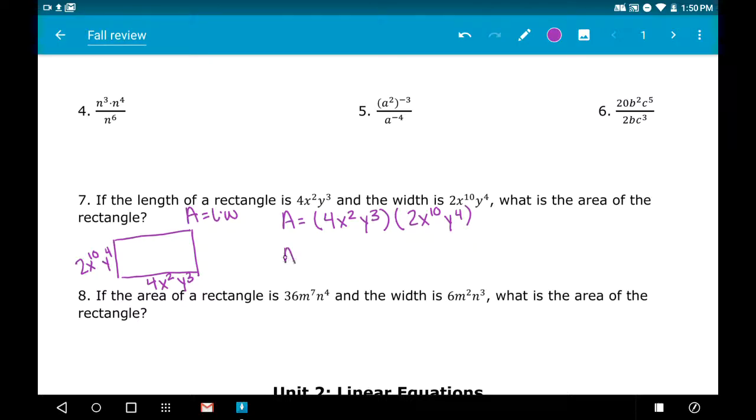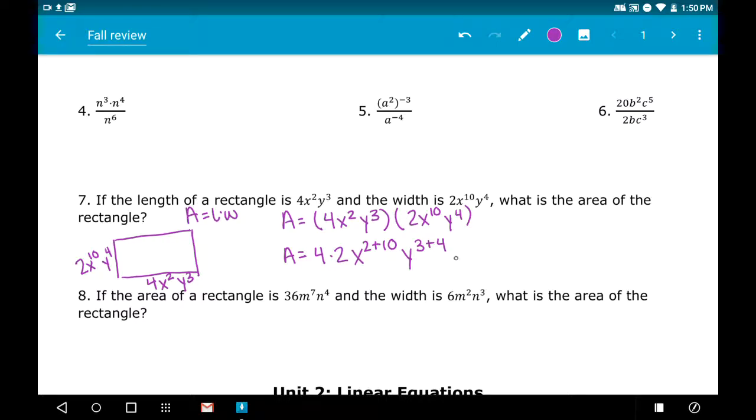So our area here, we're going to use our exponent rules. So with multiplication, remember we multiplied our coefficients. So 4 times 2. And then we added our exponents. So it'd be x, 2 plus 10. Then with y, it's 3 plus 4.